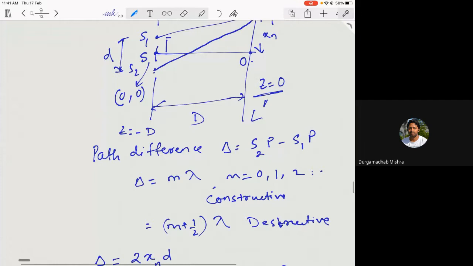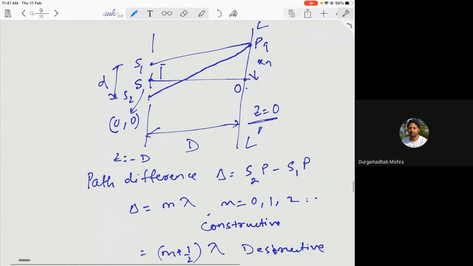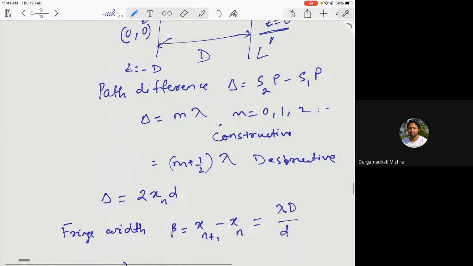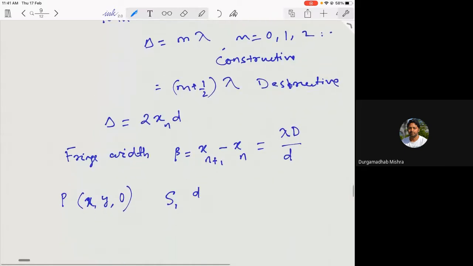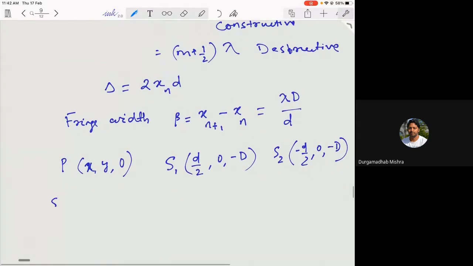To go to S1 you move plus d by 2 in the X direction, and minus d by 2 to go to S2. So the coordinates of S1 will be d by 2, 0, minus D, and S2 will be minus d by 2, 0, minus D. You can again calculate the path difference using this coordinate system.